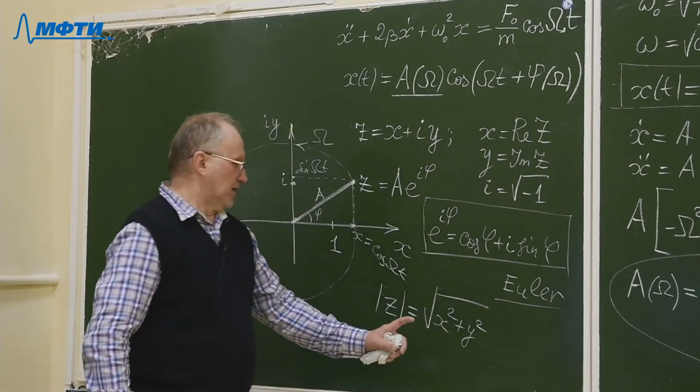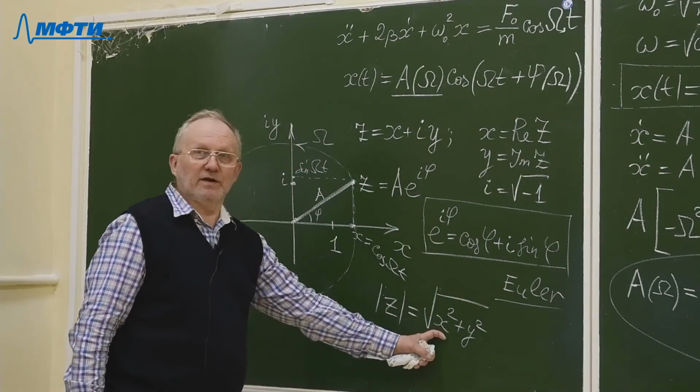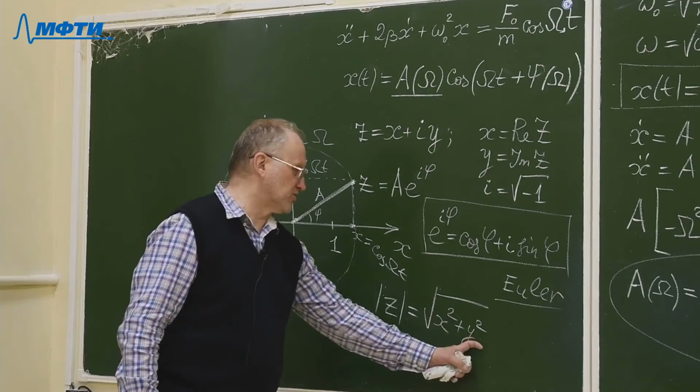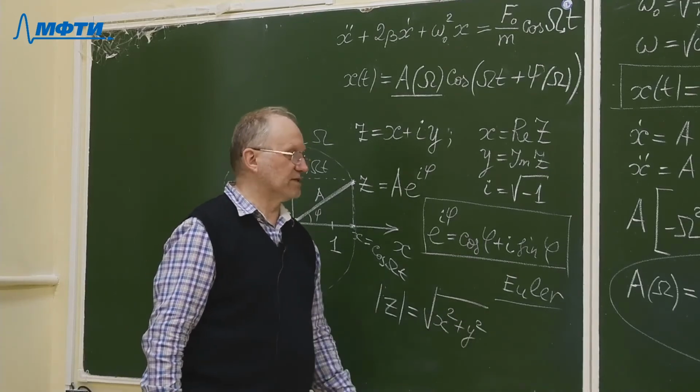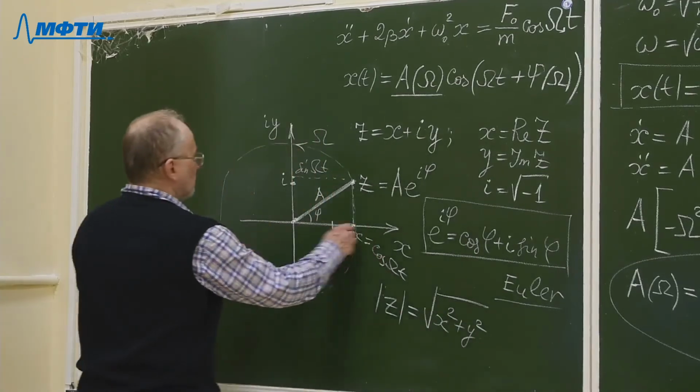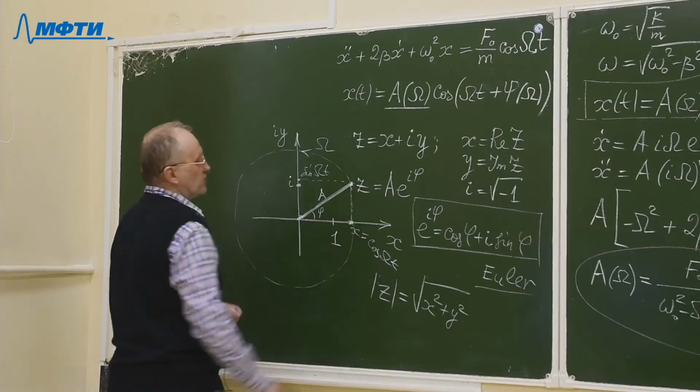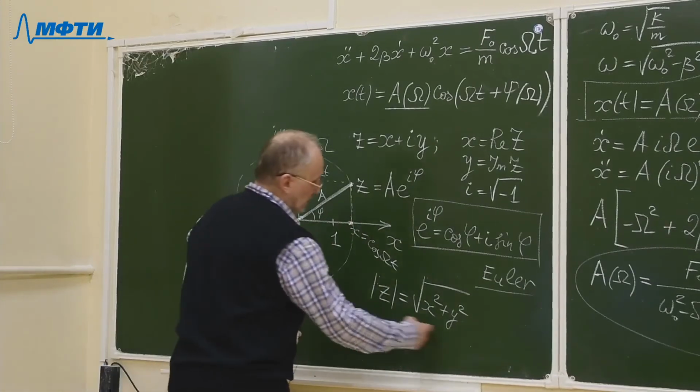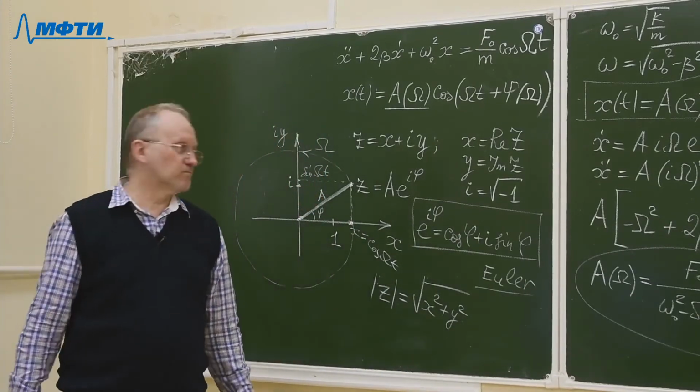That is the real part of the complex number squared plus the imaginary part of the complex number squared. So in order to find the amplitude of oscillations, real oscillations, I must find the amplitude of the complex number.